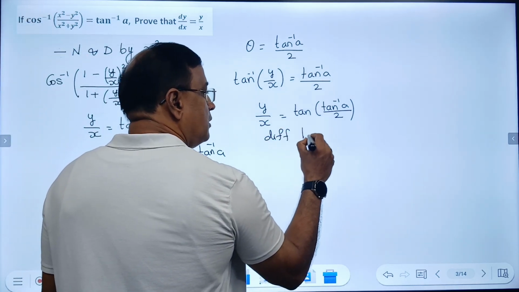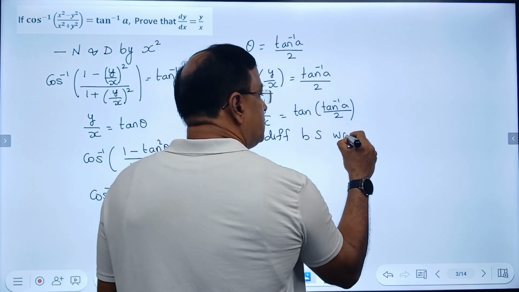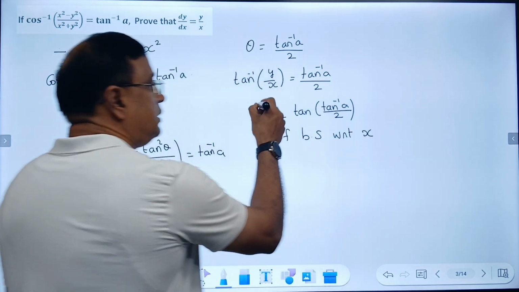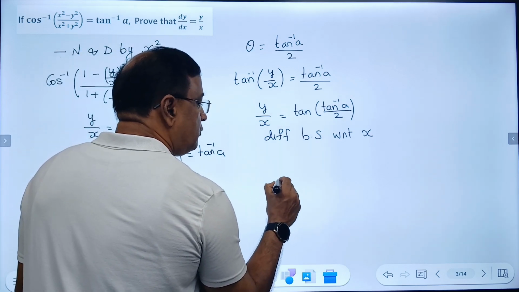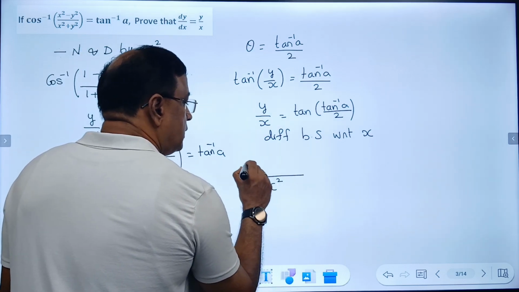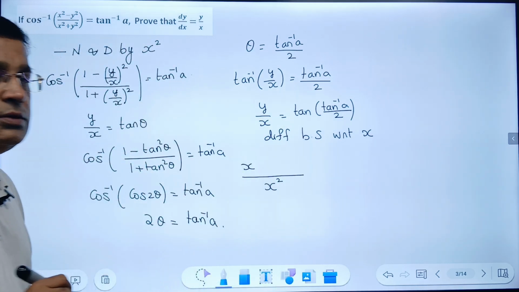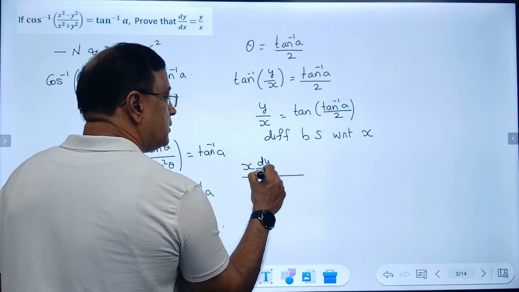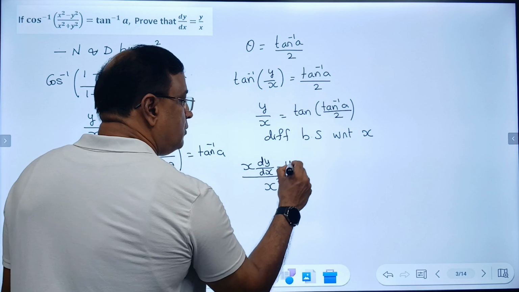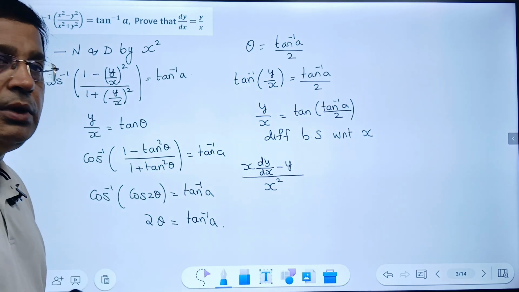Differentiate both sides with respect to x. Here I am going to use the quotient rule. What is the quotient rule? Denominator square, denominator into the differentiation of y, which is dy by dx, minus y into the differentiation of the denominator.